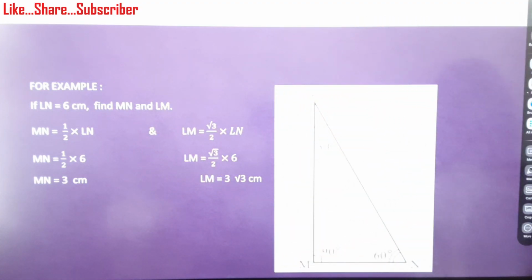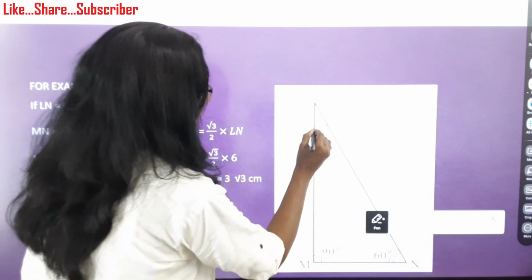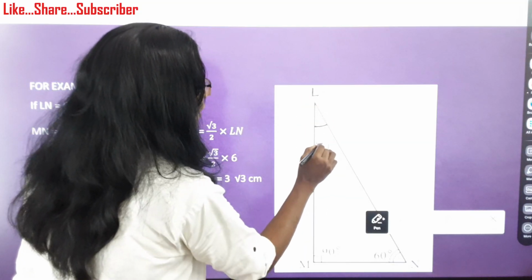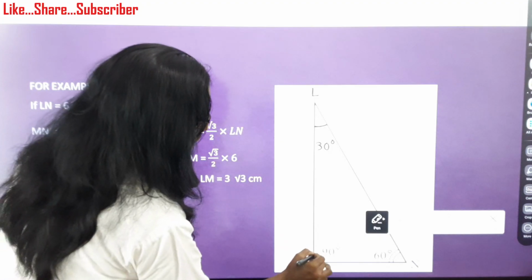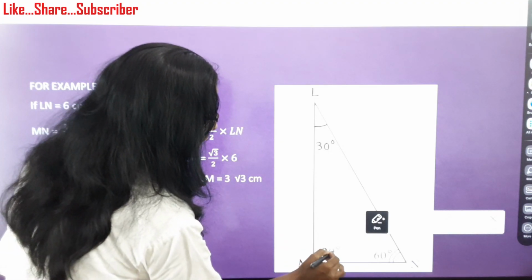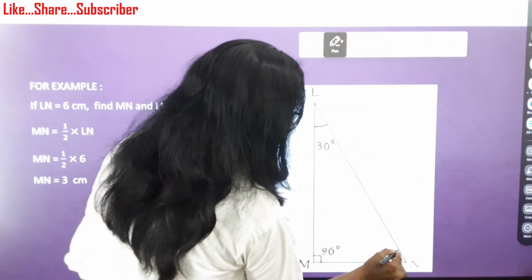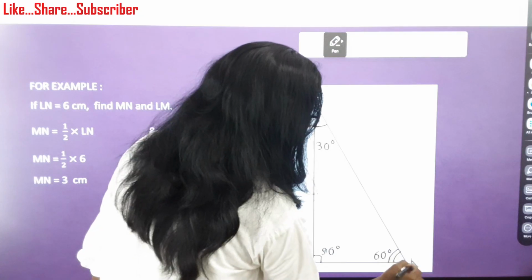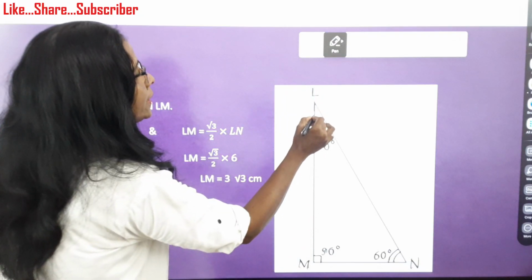This is the figure of triangle LMN. In this triangle, angle M is equal to 90 degree, angle N is equal to 60 degree, and angle L is equal to 30 degree.